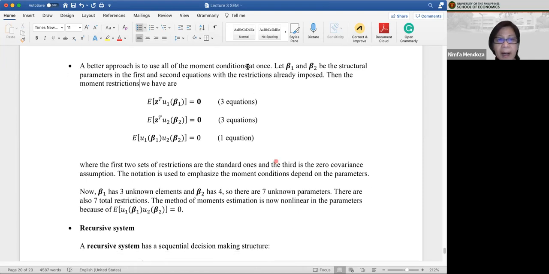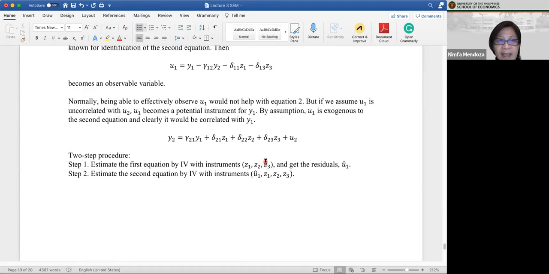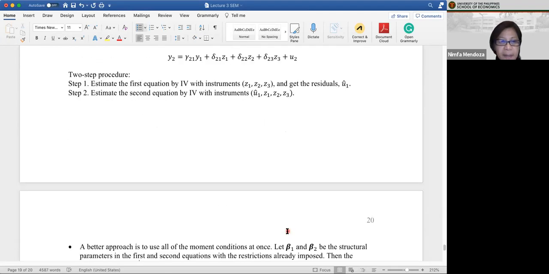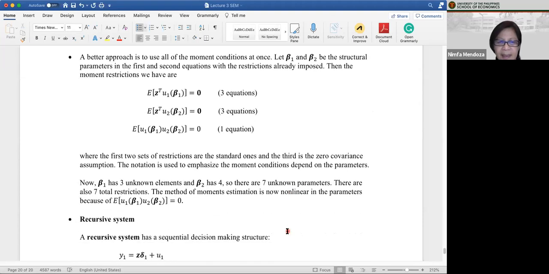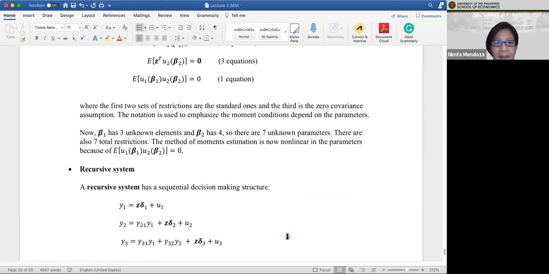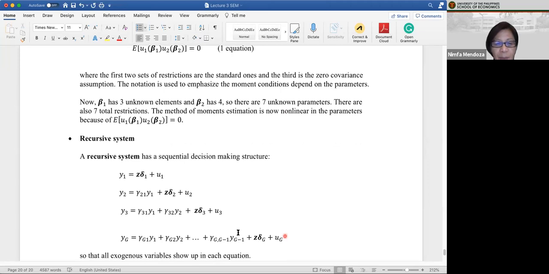Now, an example where we have these covariances equal to 0 is the recursive system. And you would see this also in some models. A recursive system has a sequential, I should have included.